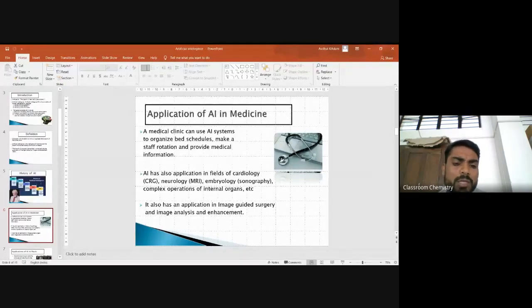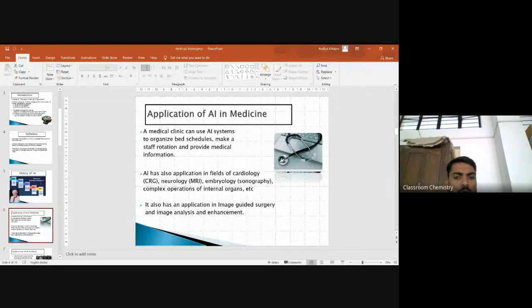You can see these applications of artificial intelligence in medicine in videos on YouTube also. It also has application in image guided surgery and image analysis and enhancement. Imagine some external object goes into our body, like in your intestine there is a small piece of iron.